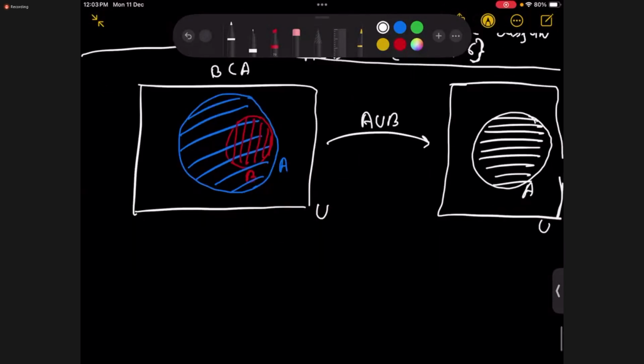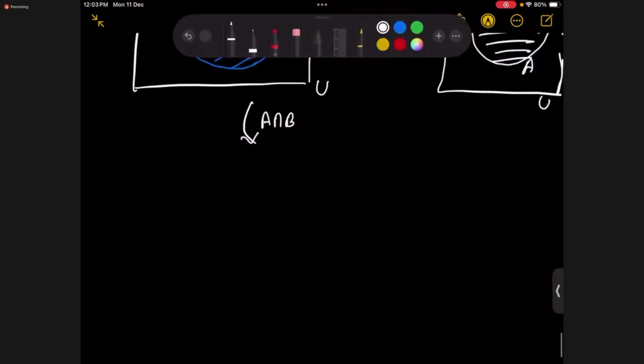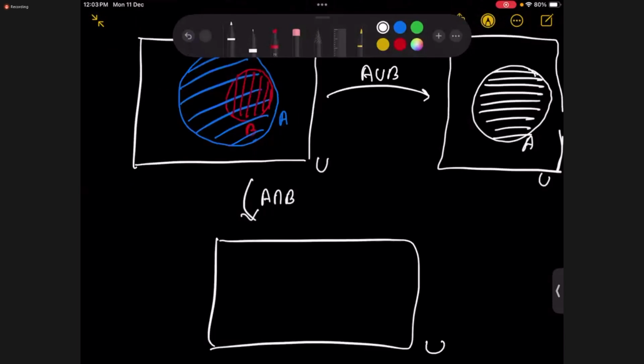And what about A intersection B? Only the elements of B. This is sufficient because you can clearly see that B intersection A equals B, because all the elements of B are already inside A.